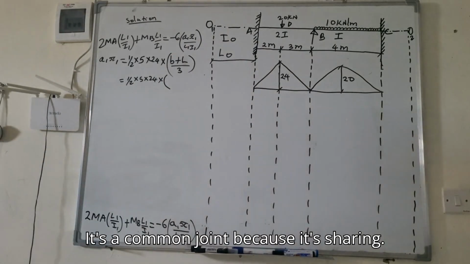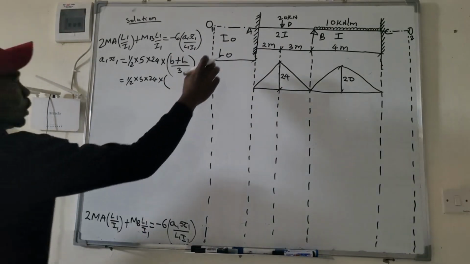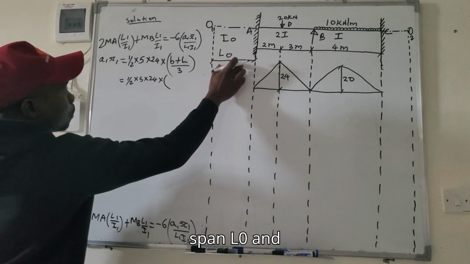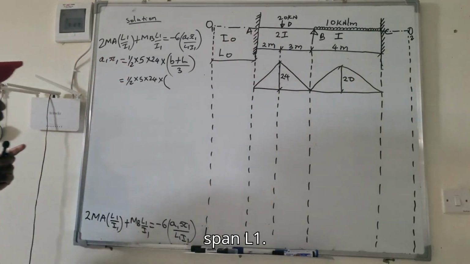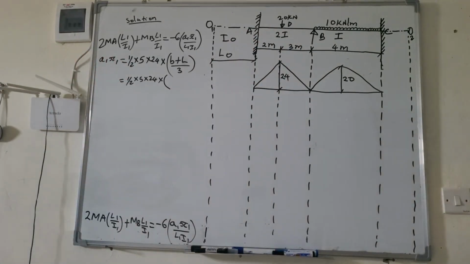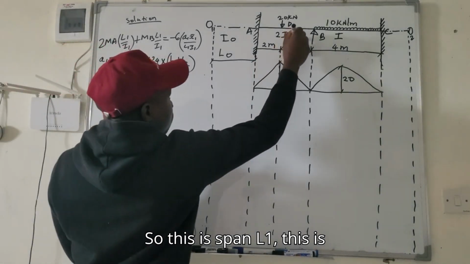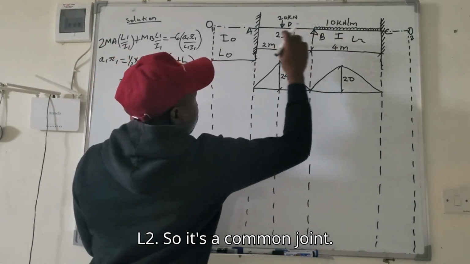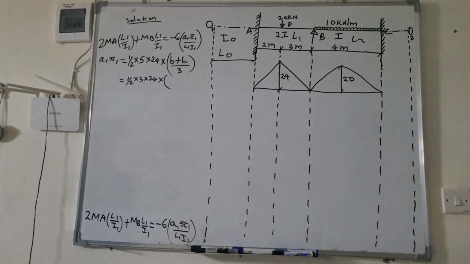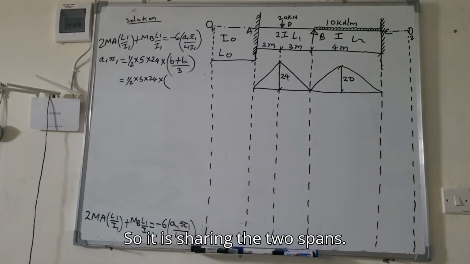It's a common joint because it's sharing span L0 and span L1. So this is span L1, this is L2. So it's a common joint, sharing the two spans.